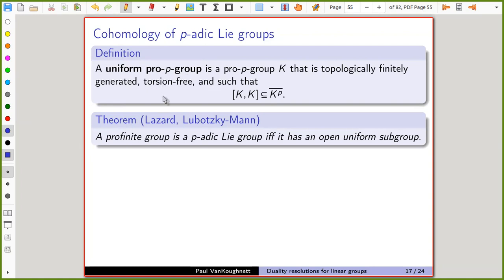So I haven't said anything about a p-adic manifold structure on this. So a corollary of this theorem is that a p-adic Lie group, if you forget about the p-adic manifold structure, you can recover it in a unique way, which is, I think, kind of surprising, and I'm not even sure what that statement means for real Lie groups.